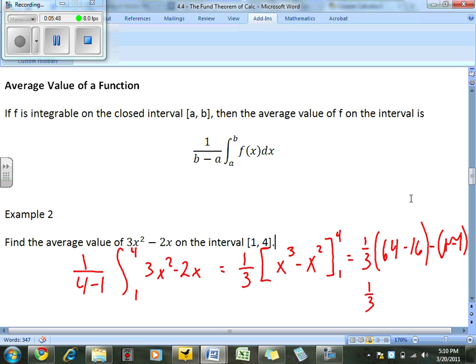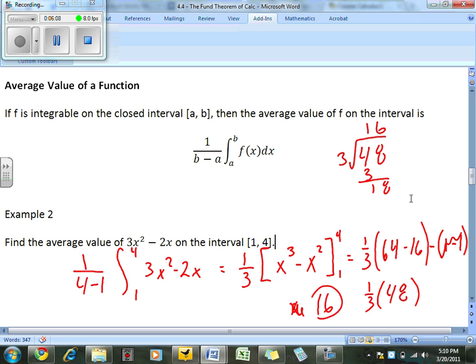So we have 1/3 times 48. How many times does 3 go into 48? I'm not sure right off the top of my head. Let's see, 16 times. So our average value for that function is going to be 16.